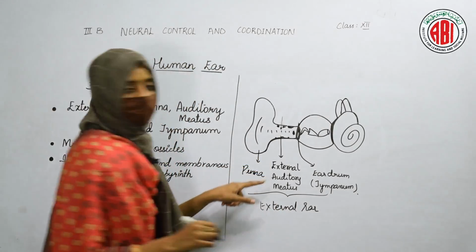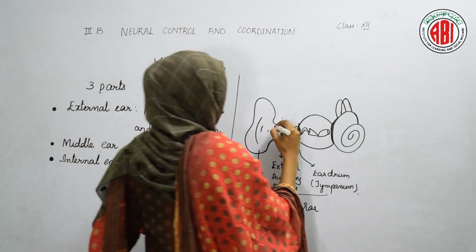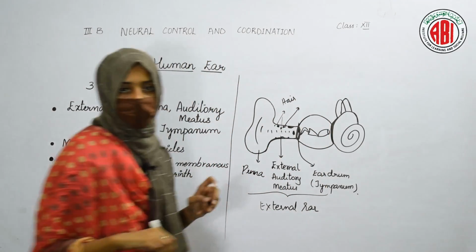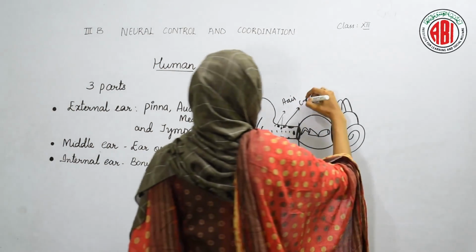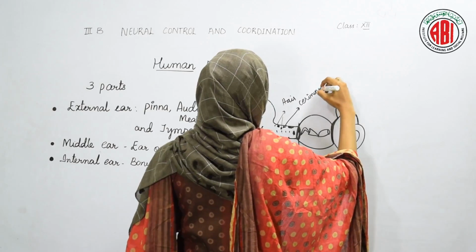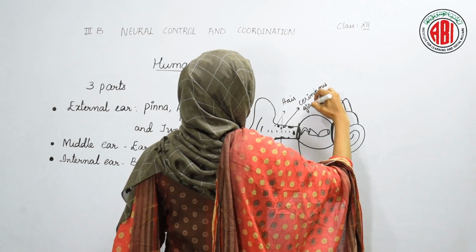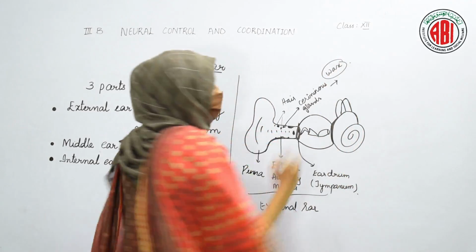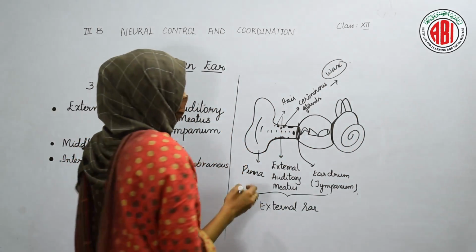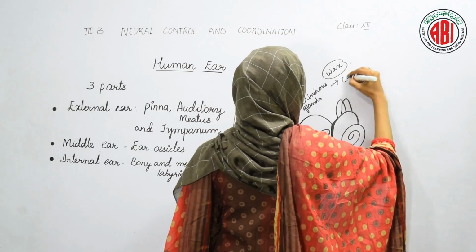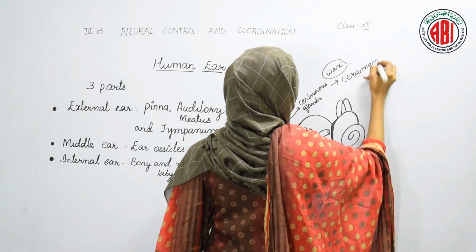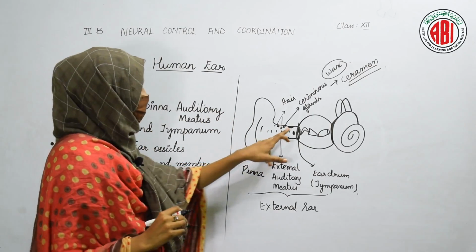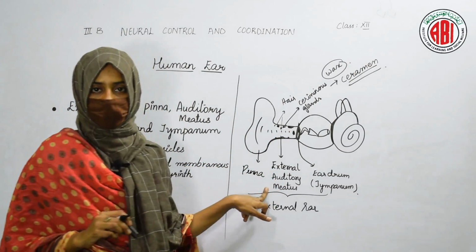In the auditory meatus, hairs are present. Along with the hairs, some glands are found, and we call these glands ceruminous glands. Ceruminous glands are responsible for secreting a wax-like substance into the external ear, and we call that wax cerumen. So cerumen is a wax that is produced by the glands present in the external auditory meatus.